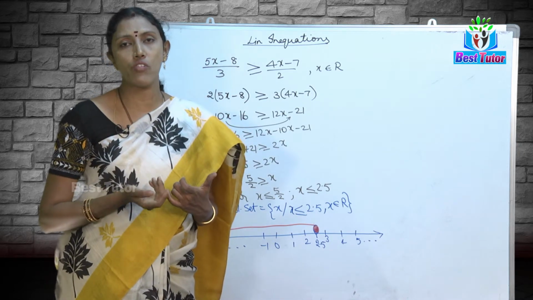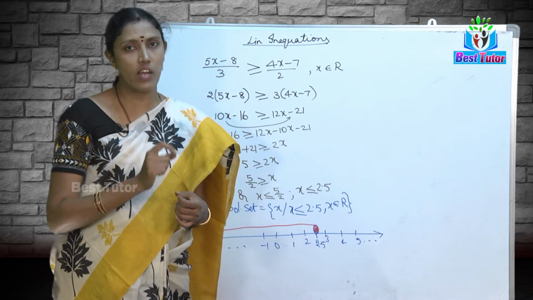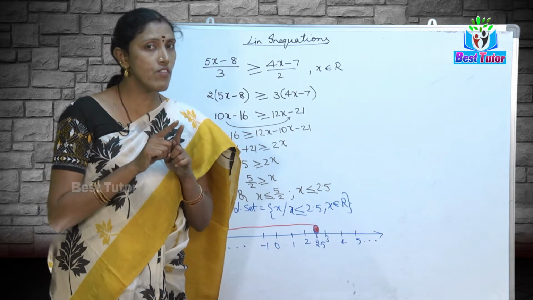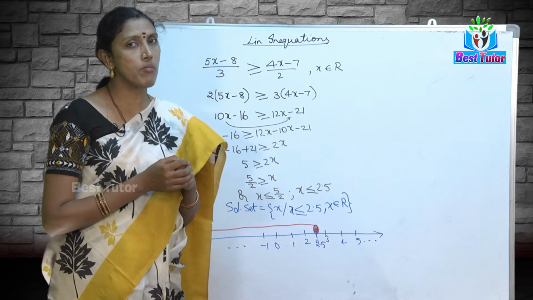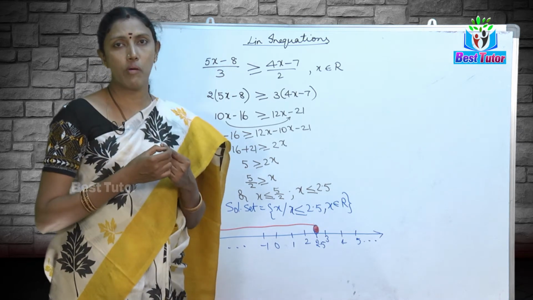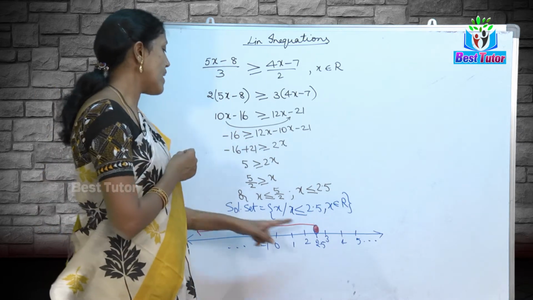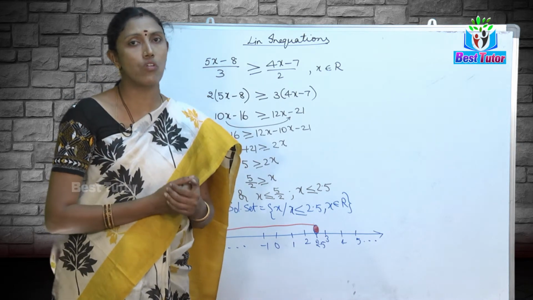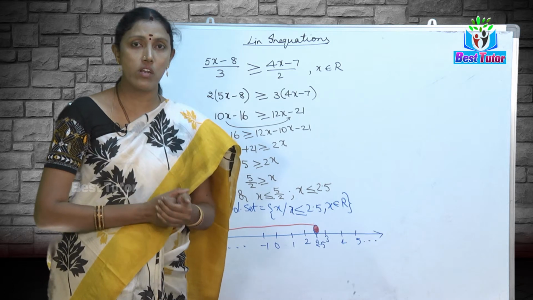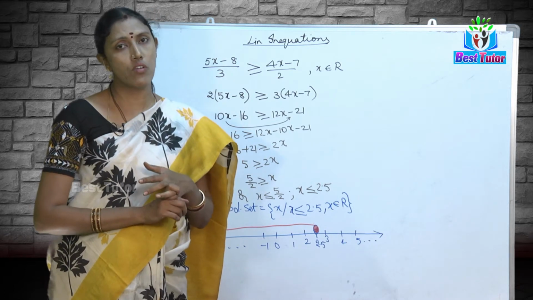It is not possible for us to highlight each and every real number, and the reason is in between two very close real numbers we can give infinite real numbers. So instead of that we just highlight the entire continuous line. Right? So this is a procedure to find out the solution of a linear inequation, find the solution set and represent it on the number line.